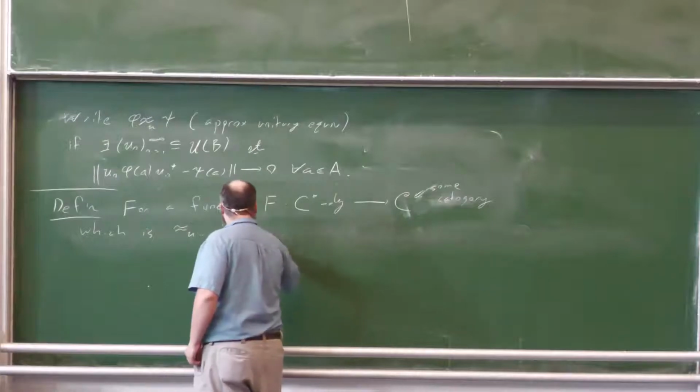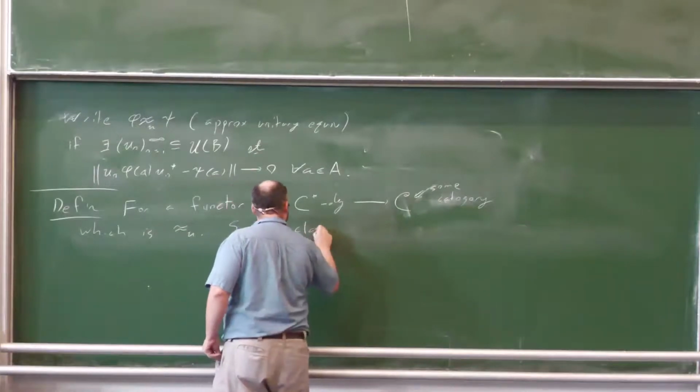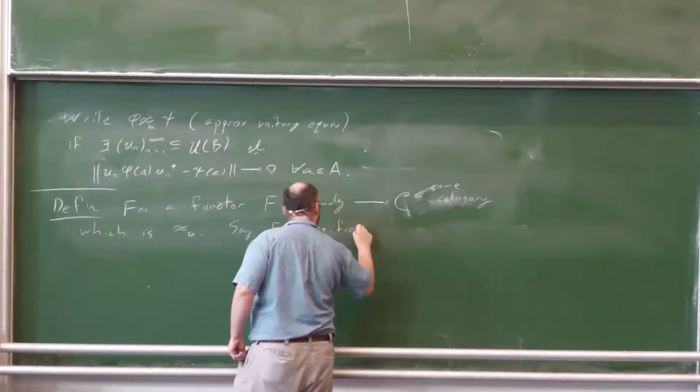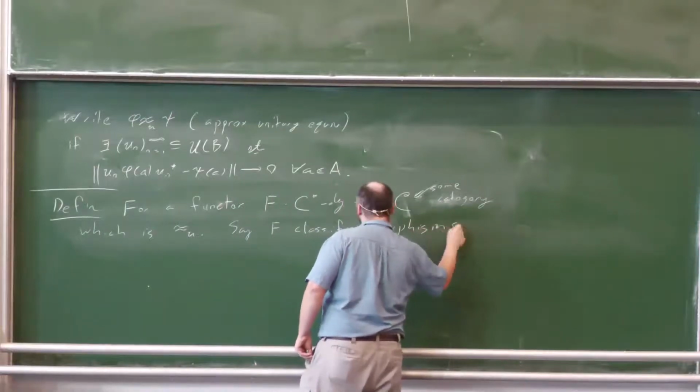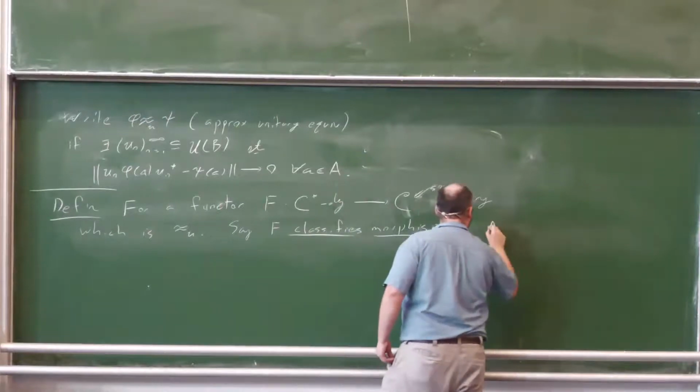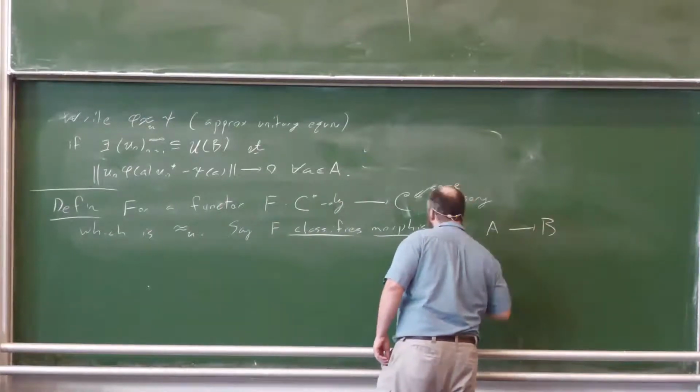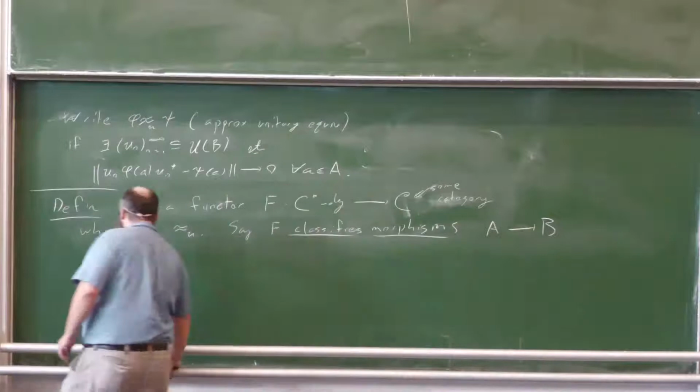I'll say that F classifies morphisms from one algebra A to another algebra B if two conditions hold.